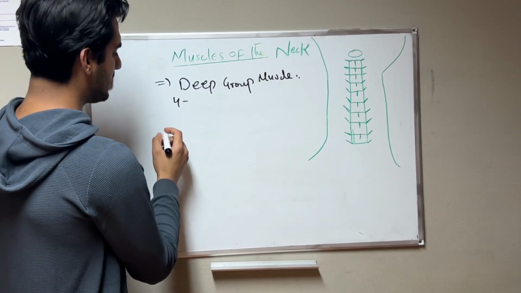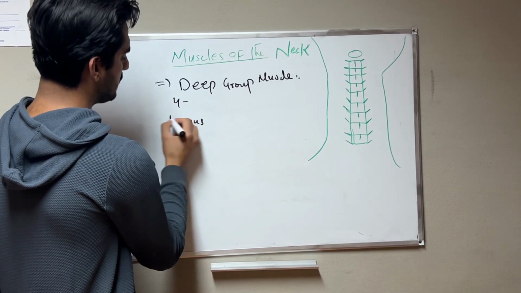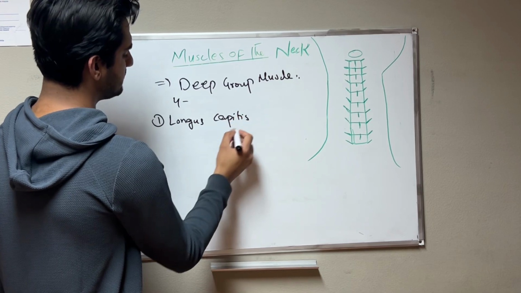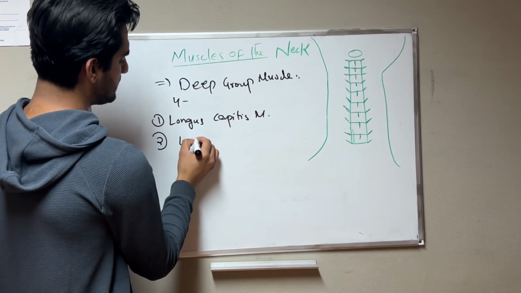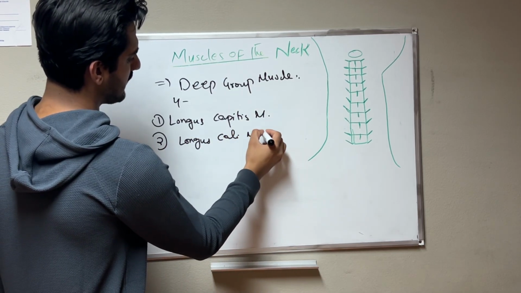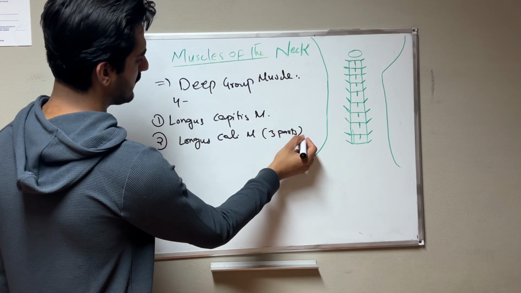First muscle we have longus capitis muscle. Second we have longus coli muscle, and the longus coli muscle has 3 parts.